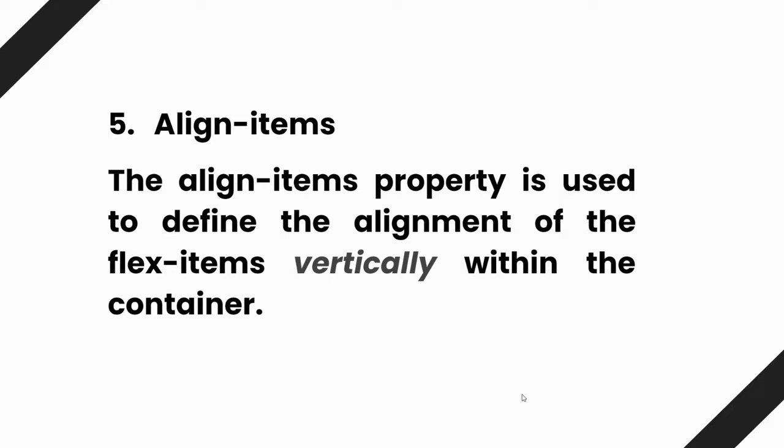So now you can see that the justify content defines the alignment horizontally, while the align items defines the alignment vertically. Now we have two properties that can define the alignment of the flex items in separate ways. The first one was horizontally, which is left to right, and this property is vertically, that's from the top to the bottom.